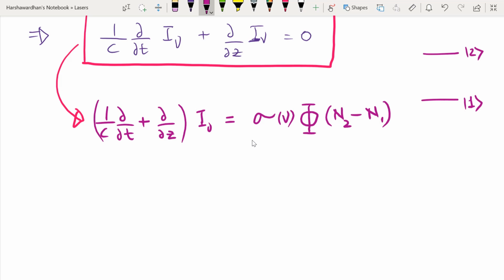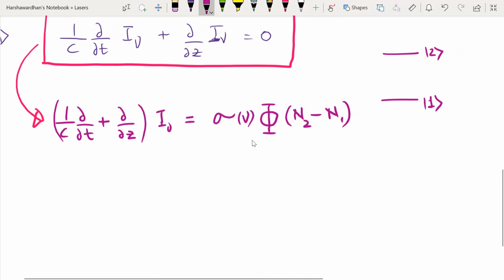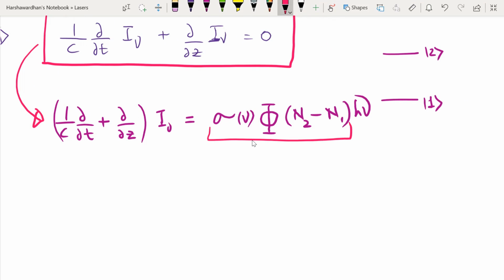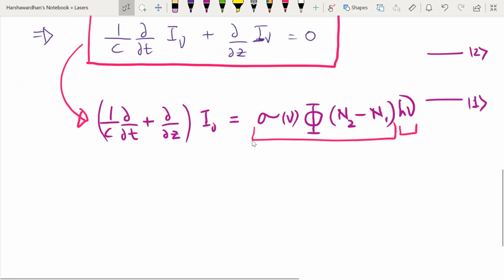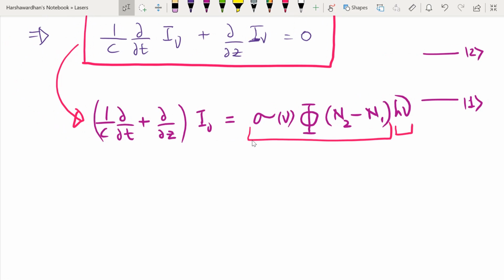And you know that the energy change is precisely equal to this times h nu, right? Because the prefactors which I wrote are basically the change in population, and this multiplied by energy is going to give me the rate of change of energy within the region which I'm considering.